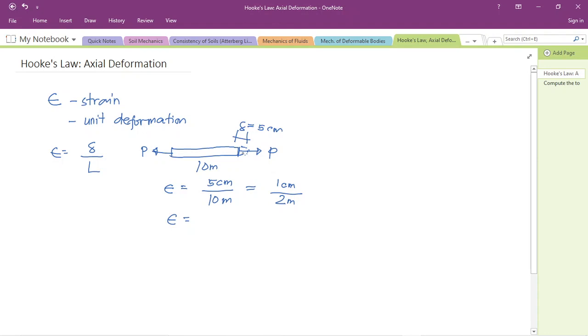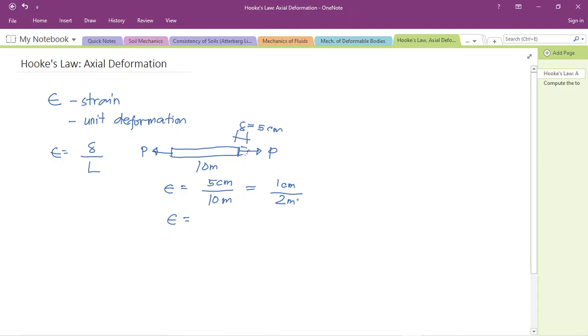Change in length, hahaba siya. While kapag compression naman yung applied force, magko-contract siya. So, therefore, magkakaroon ng shortening. Pero the idea is the same. So, the strain is the total deformation, either it is a shortening or lengthening, divided by the original length. So, in this case, 5 centimeters over 10 meters, dimensionless, class, ang strain.